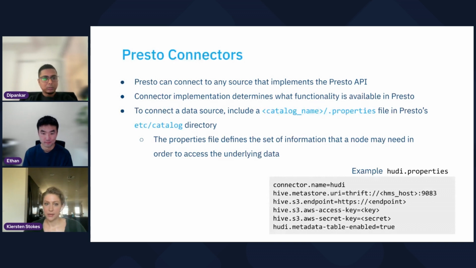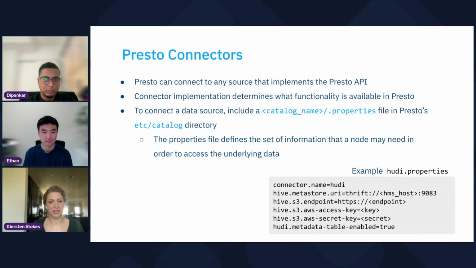So it's this implementation that ultimately determines what functionality of that native source is available for Presto to take advantage of. And it's quite easy to set up a connection from Presto to a data source, or as they're called in Presto, a catalog. You really just have to add a configuration file into the directory that Presto expects to find those configuration files, and you're good to go.